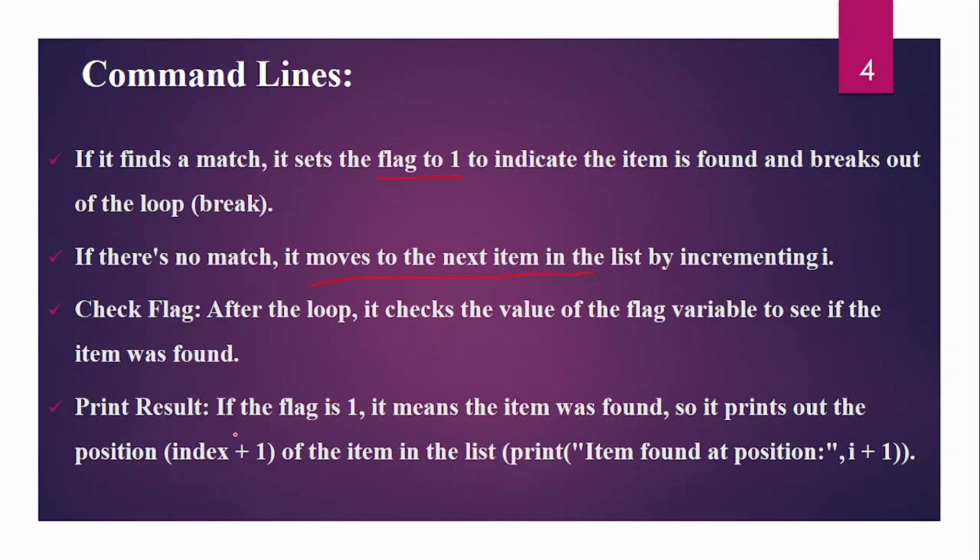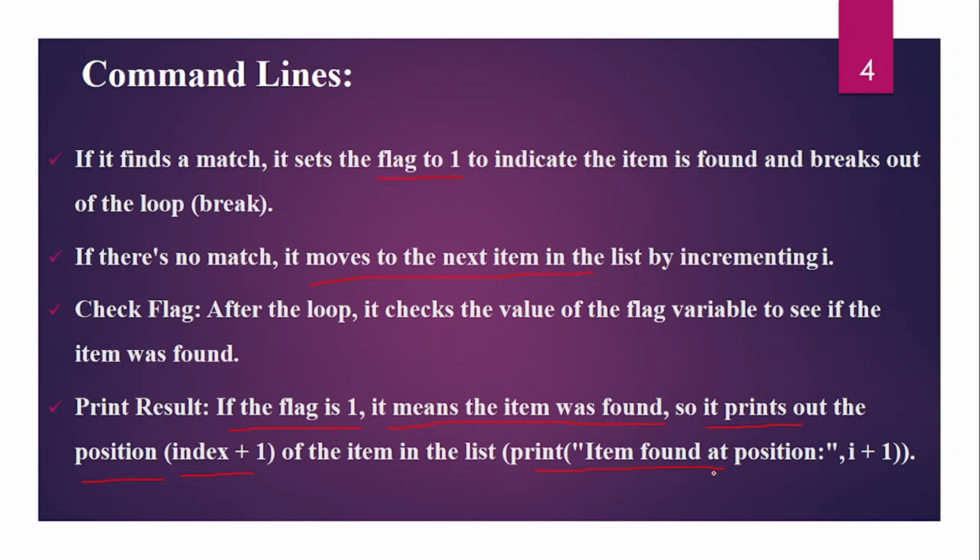It prints out the position, that is index + 1 of the item in the list. So the print command you will be giving is: item found at position i + 1.